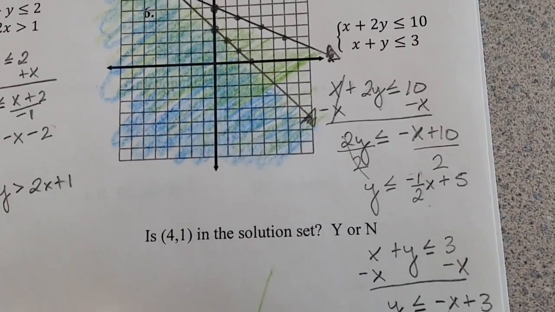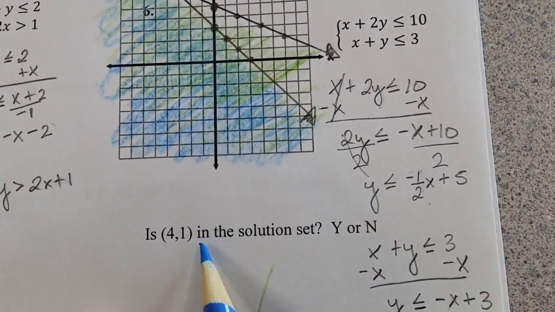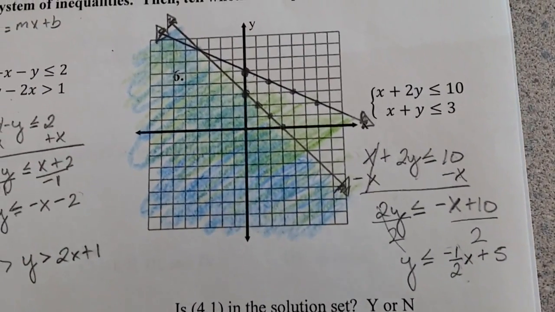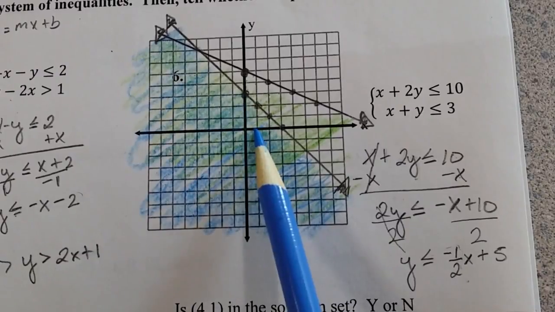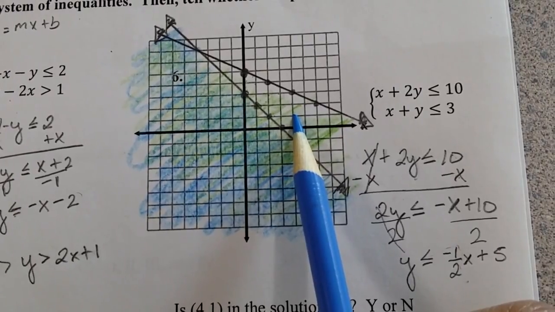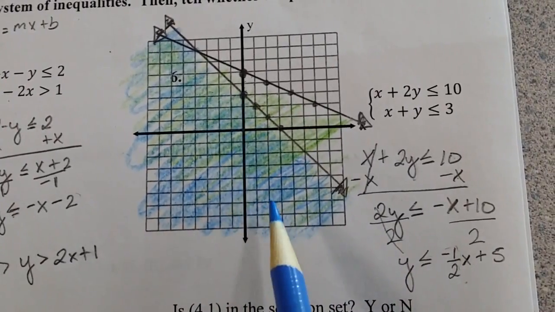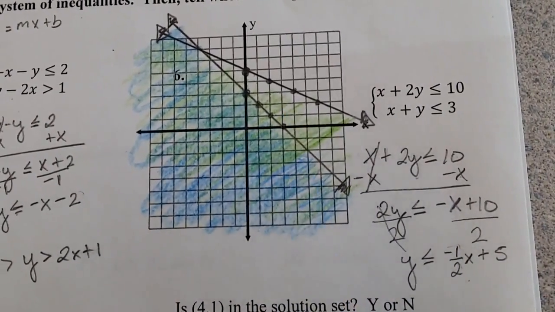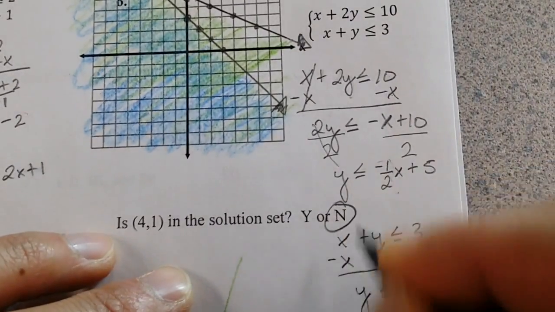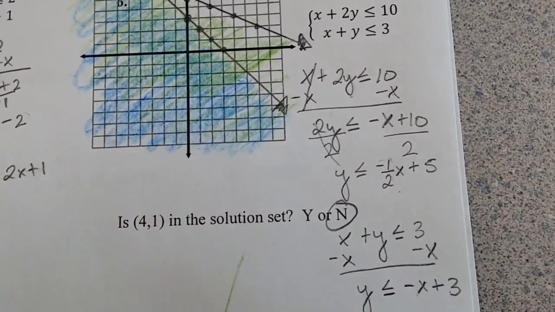Well, it's asking you is (4, 1) in the solution set. So let's find our coordinate (4, 1). So 1, 2, 3, 4, 1. Well, is it in the overlapping area? No. So therefore, it is not a solution.